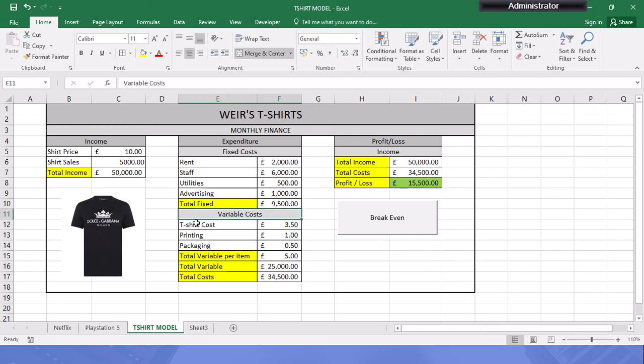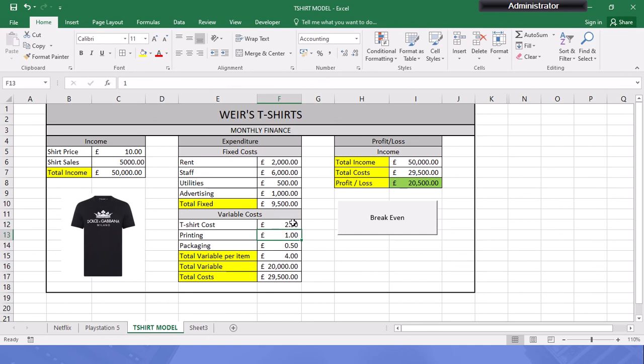Now when it comes to variable cost, this is where it changes. So this will change based on how many items we actually create. So if we look at it from this perspective, if we are going to create our t-shirts and we're doing it for £3.50 each, you might find a supplier that will do it for £2.50 per t-shirt instead.